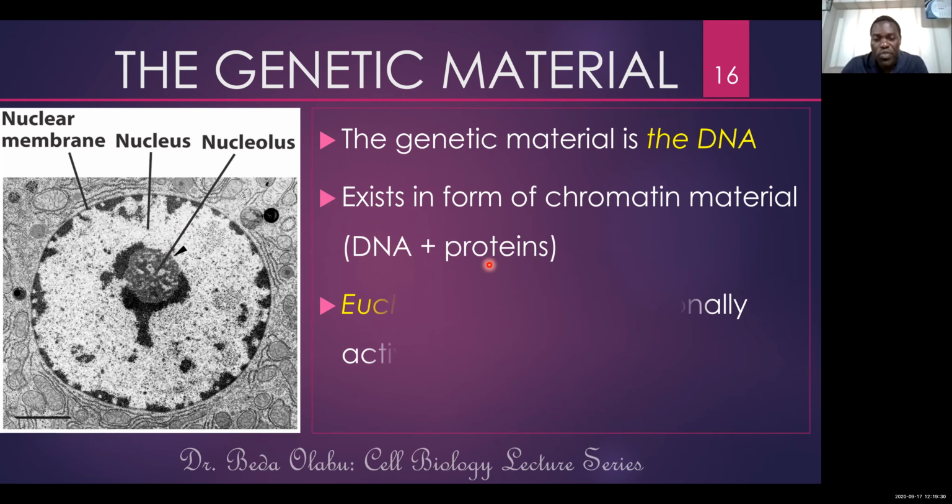There are two forms of chromatin material. There is this chromatin material that appears lighter in this region here. This type of chromatin material is known as euchromatin.